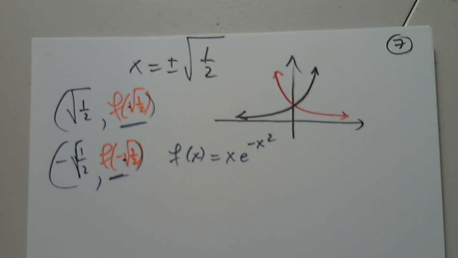Where's my calculator? Here it is. So in y equals, clear, and I have x, and I have e to negative x squared, and close the parenthesis.